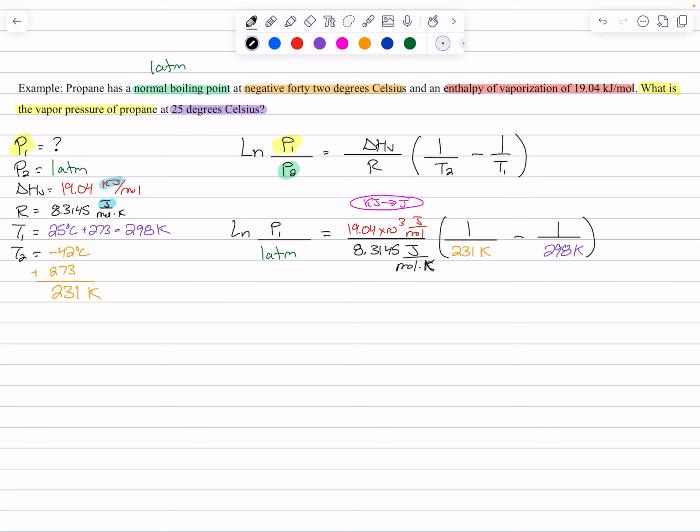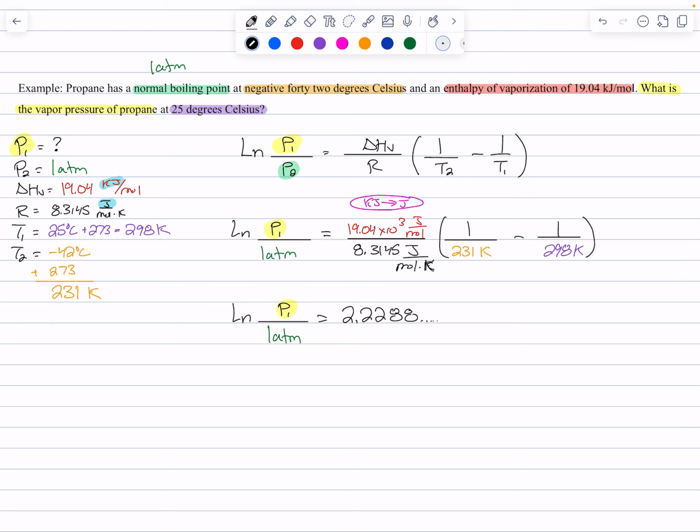The natural log of P1, which is what we're looking for, over 1 atmosphere equals, in my calculator, 19.04 times 10 to the third divided by 8.3145 times, in parentheses, 1 divided by 231 minus 1 divided by 298, close the parentheses, and I get 2.2288, and it keeps going.